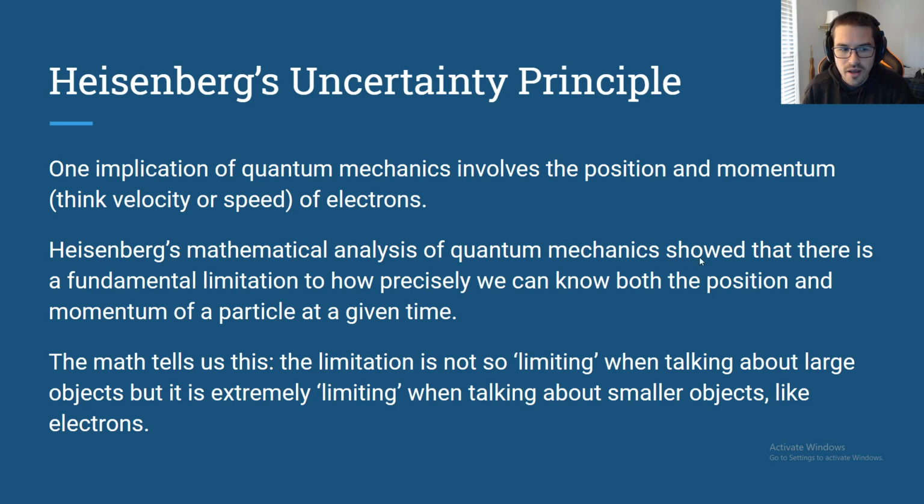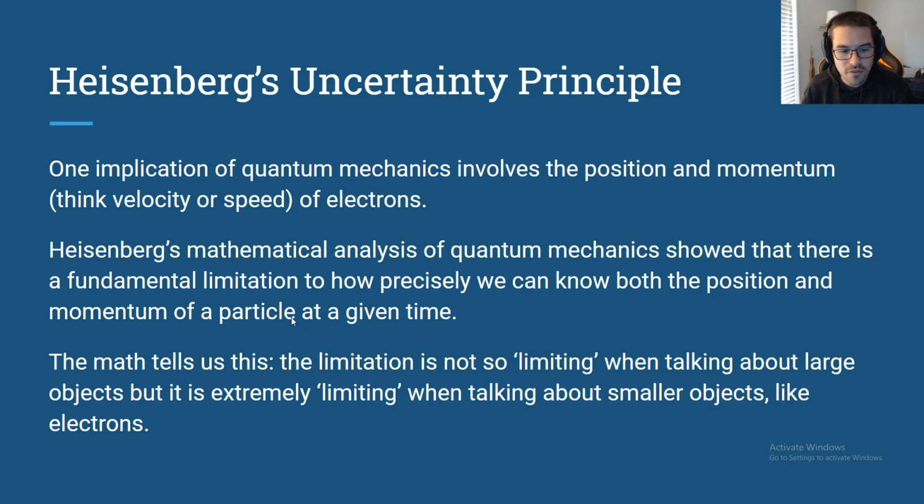It showed that there is a fundamental limitation to how precisely we can know both the position and momentum of a particle at any given time. What this means is that we essentially can't know both.